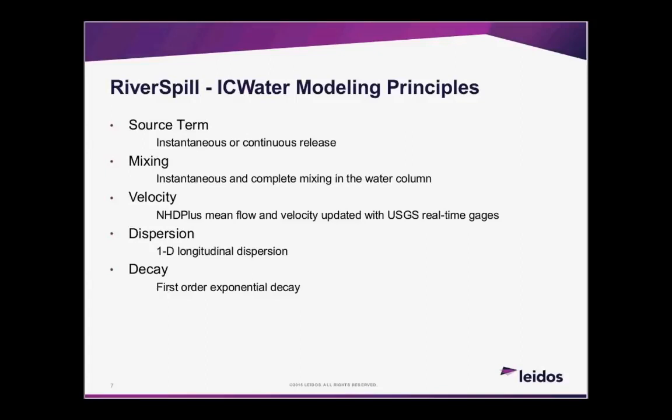For the velocity data, we take the mean flow and velocity data from the NHD Plus, and we scale it based on measurements from USGS real-time gauges, or in some cases, flow forecasts and velocity forecasts from NOAA, the National Weather Service, or the River Forecast Center.